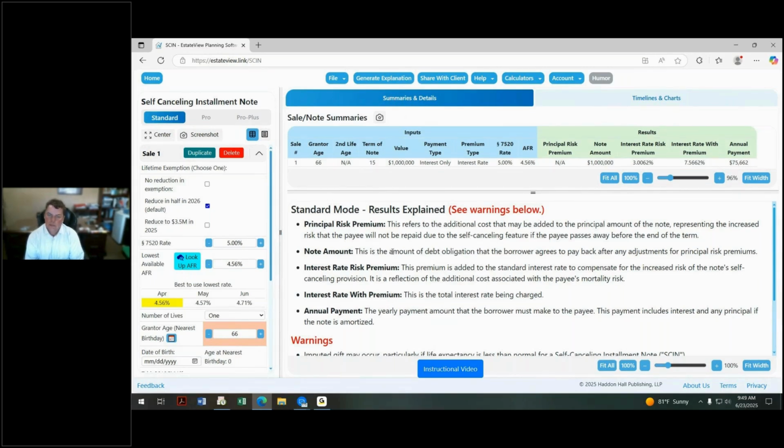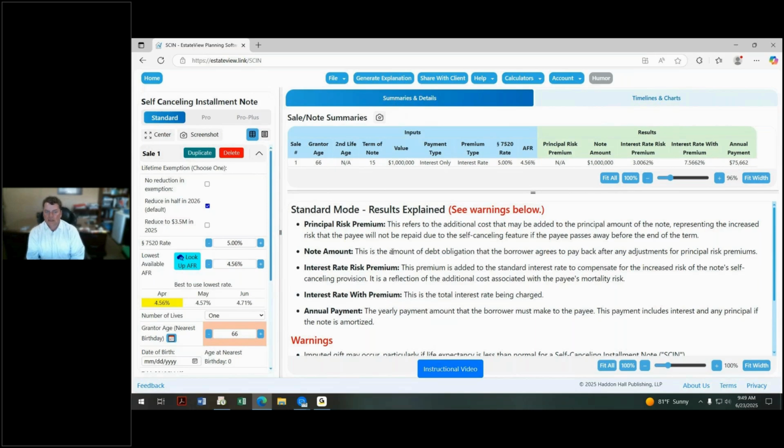The other option would be an interest rate risk premium. If a typical note would charge 4.5%, with the interest rate premium, maybe that takes into account the fact that the seller might die during the term, and the IRS might calculate that as an additional 4%. And maybe now the interest rate for the note is 8.5% instead of 4.5%.